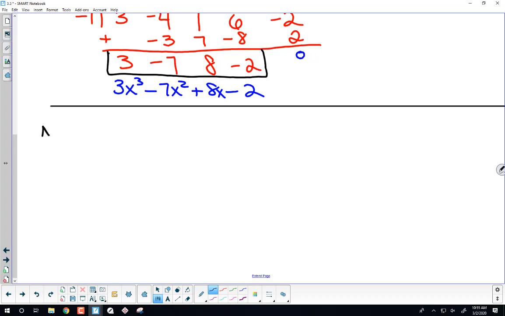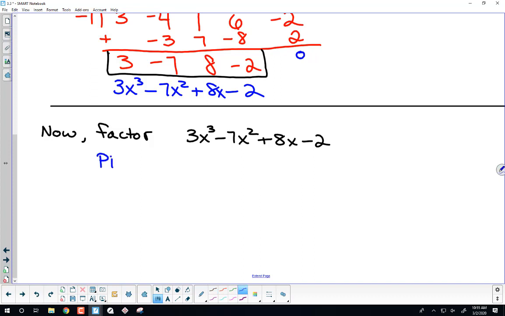Now factor 3x cubed minus 7x squared plus 8x minus 2. And our possible rational zeros were 1, 1/3, 2, and 2/3.